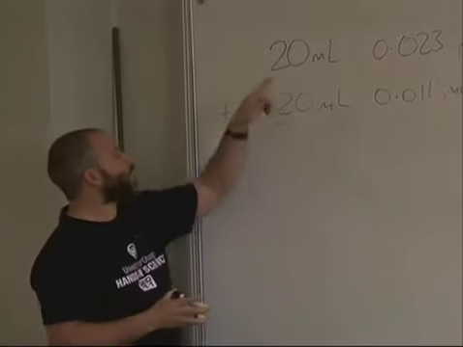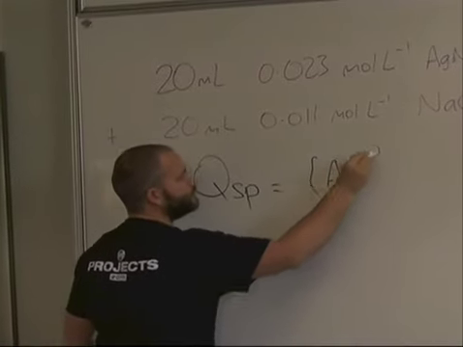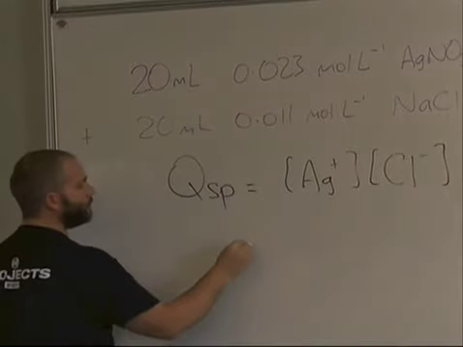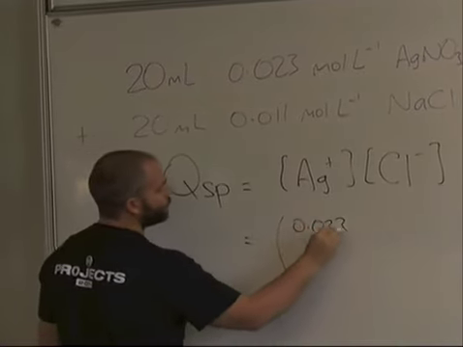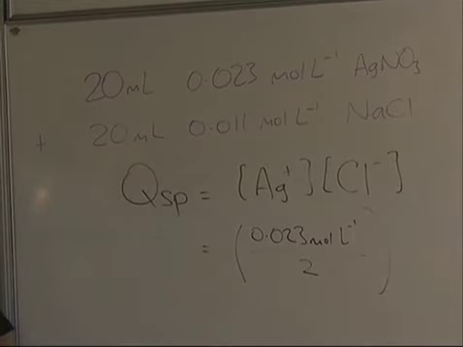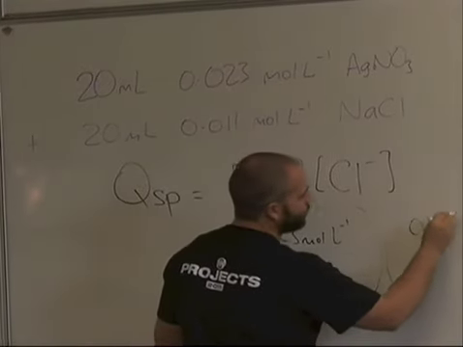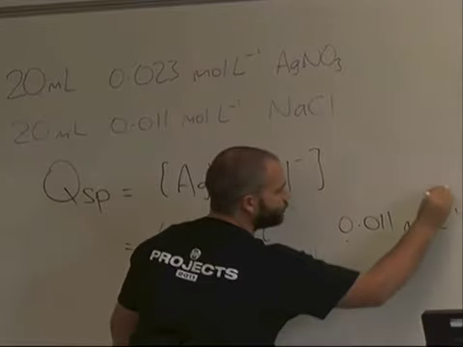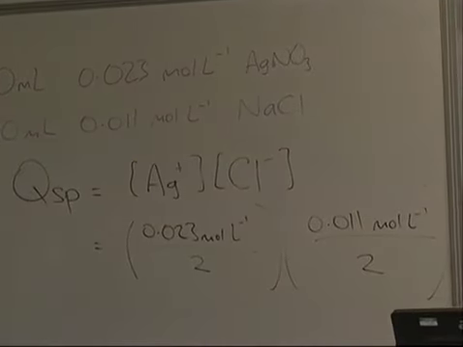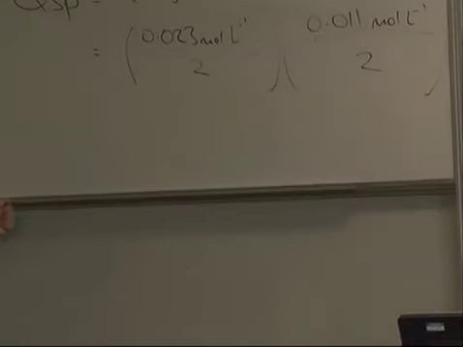So if we have 20 and 20, then our QSP, which equals the concentration of the silver ions times the concentration of the chloride ions, is going to be 0.023 moles per litre divided by 2 due to that dilution, times 0.011 moles per litre divided by 2.